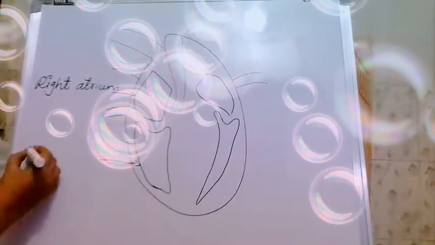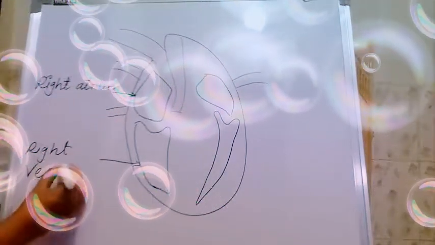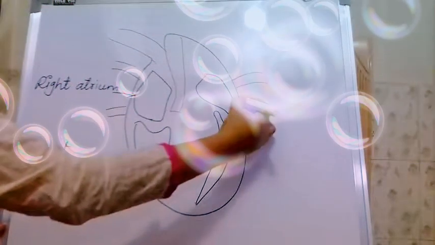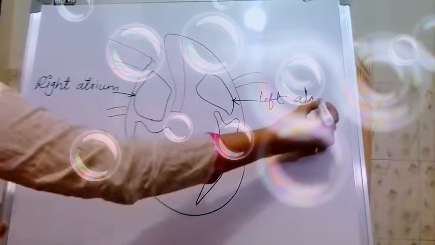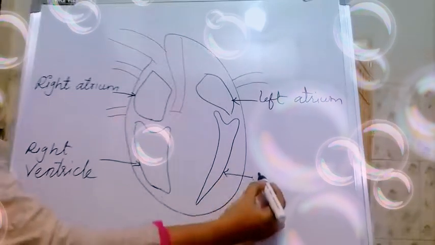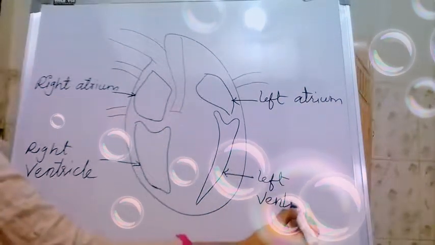this is the right ventricle, this is the left atrium, and this is the left ventricle.